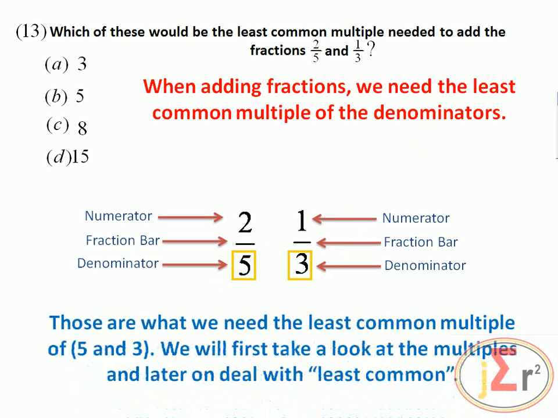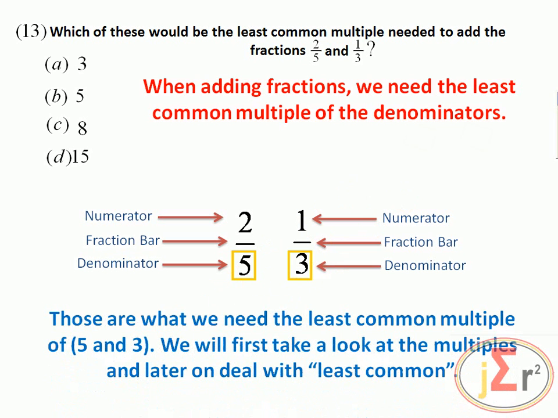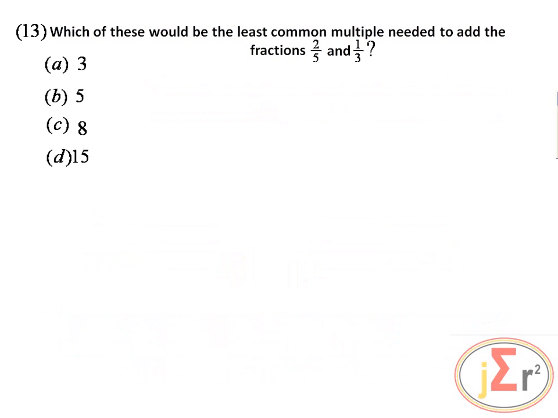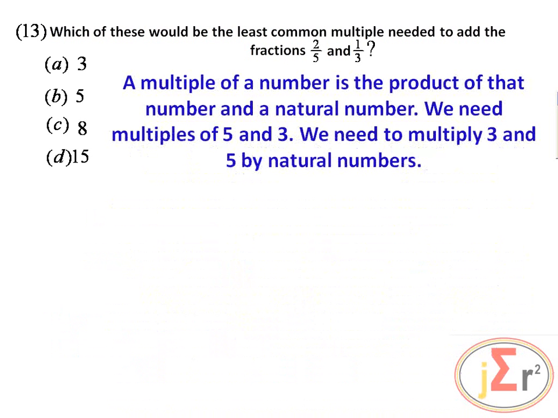So those are the two numbers that we need the least common multiple of: 5 and 3. We will first take a look at the multiples and later on deal with least common. So we'll start off with the multiples and then say what least common means.